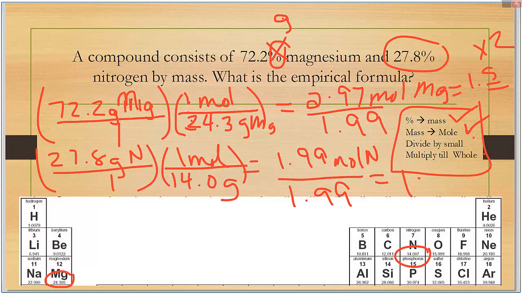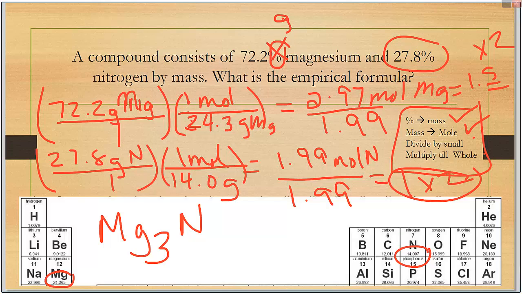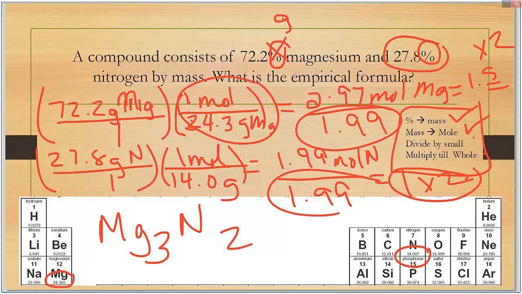The actual compound has Mg and N. 1.5 times 2 is 3, and we have 1 times 2, which is 2. So the compound is Mg3N2, by doing percent to mass, mass to mole, divide by small, multiply to a whole.